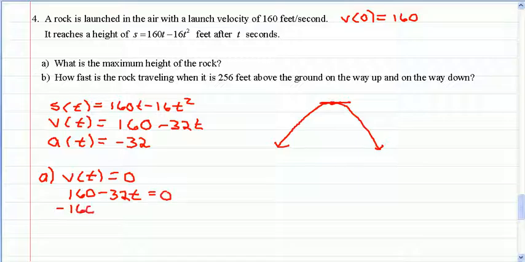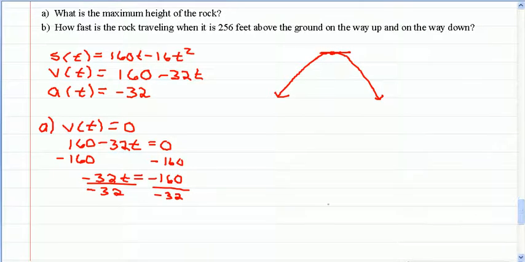So if I solve for t, I get t is equal to 5 seconds, but part A is asking for what is the maximum height of the rock. So we know that it took 5 seconds for the rock to reach its maximum height.